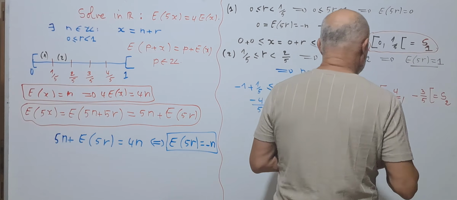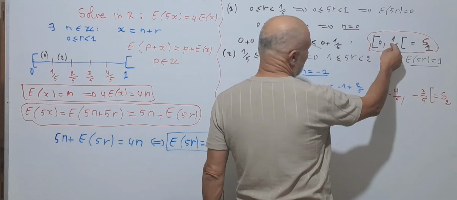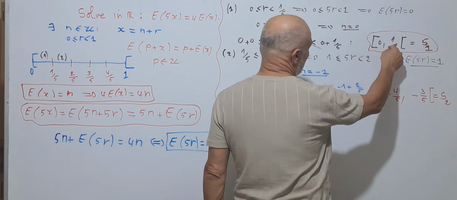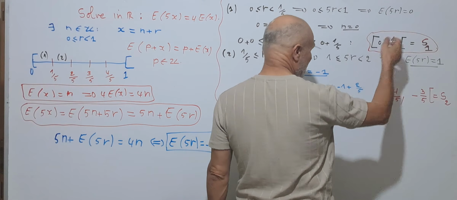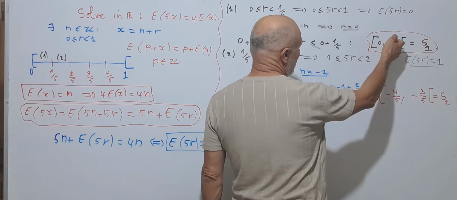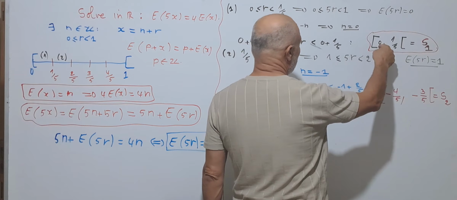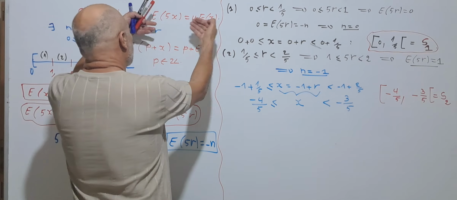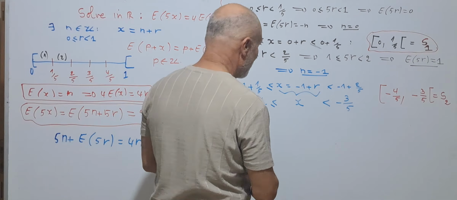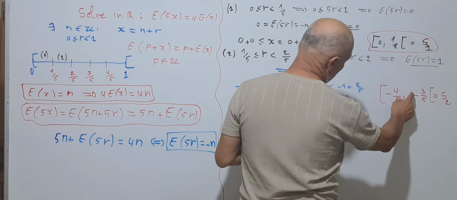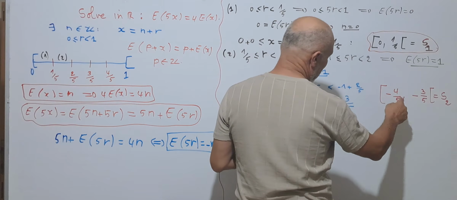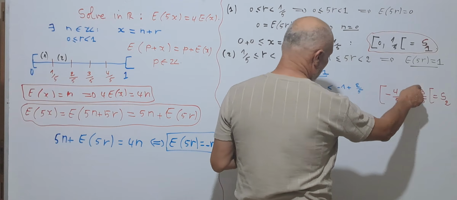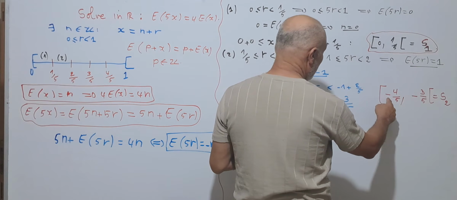I mean, if we multiply x belonging to [0, 1/5) by 5, we get [0, 1), so the integer part is equal to 0. In this case, if we multiply x, which belongs here, by 5, we get minus 4 to minus 3. The integer part is minus 4.